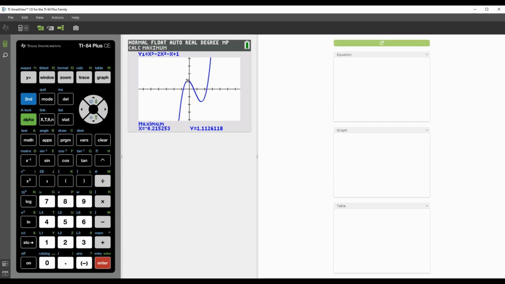When you get to calculus, I'll explain why they make you make a guess. The algorithm in the calculator doing the work needs a guess to start. And there you go. The maximum is -0.215, 1.113. Please remember to use 3 decimal places. It's an ordered pair, and for correct rounding, it would be -0.215, 1.113.